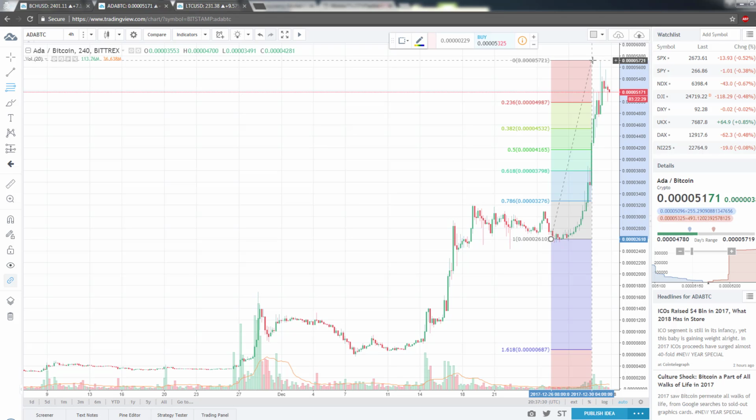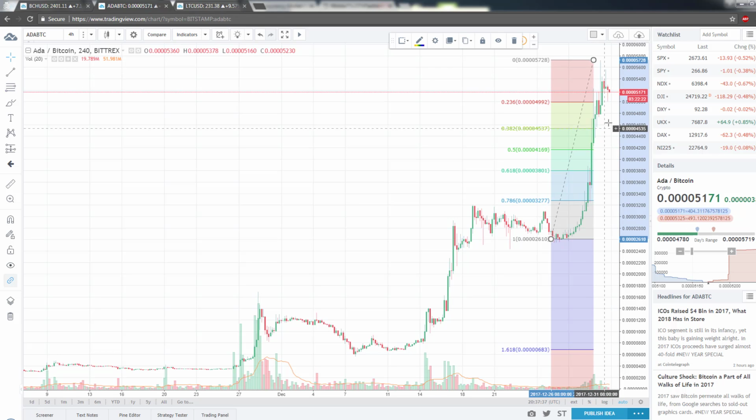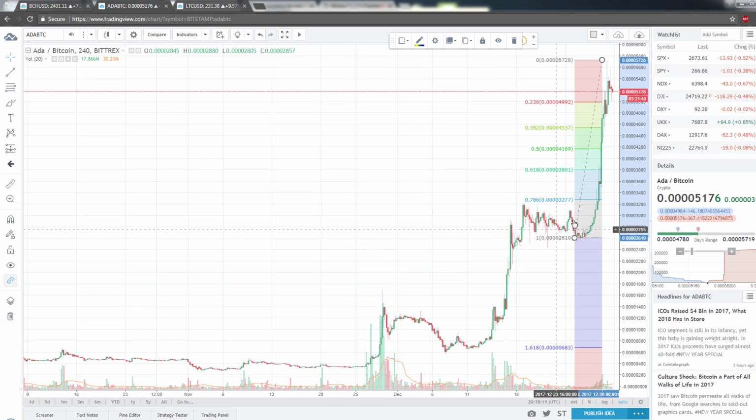It only makes sense if everybody is doing it the same way, right? And you may want to look for a retracement towards the 382 or the 236. Cool. And then you look for reversal candlestick patterns to enter long again. Cool. So that is ADA, or more commonly known as Cardano.